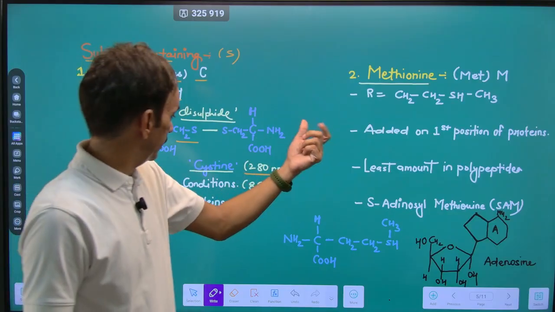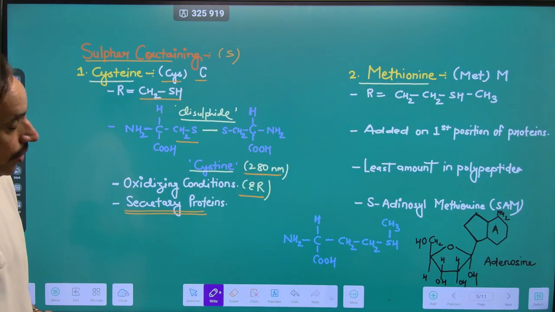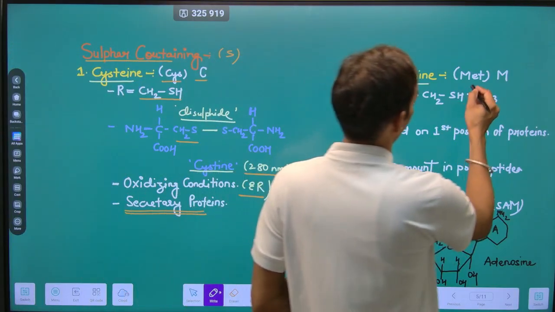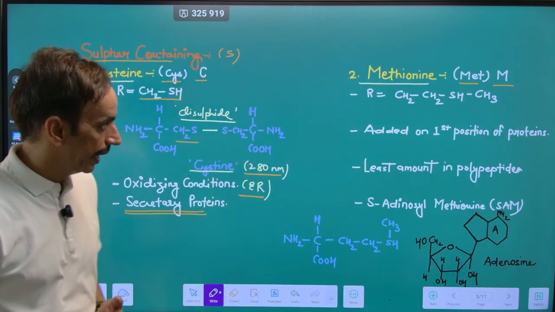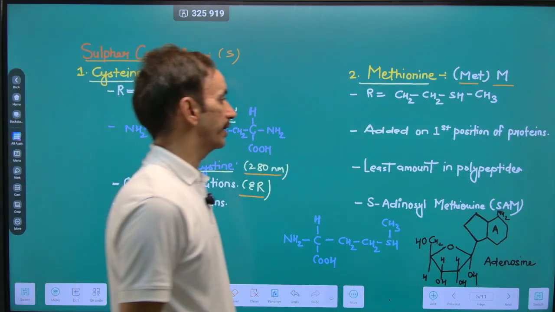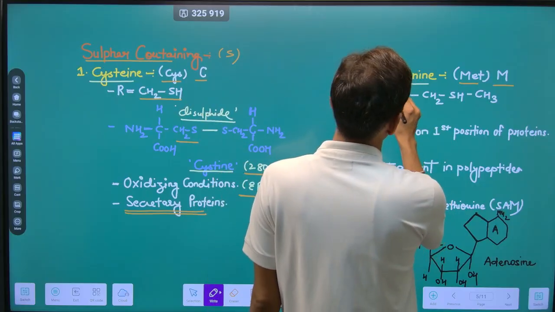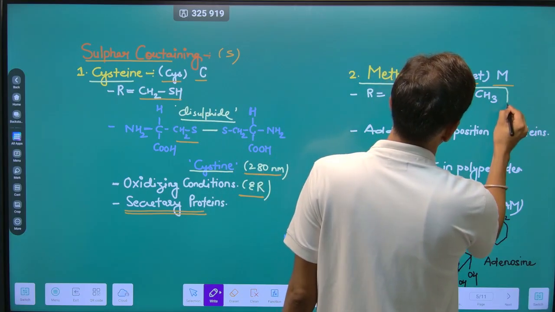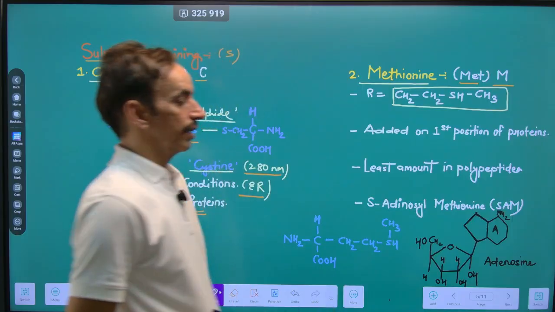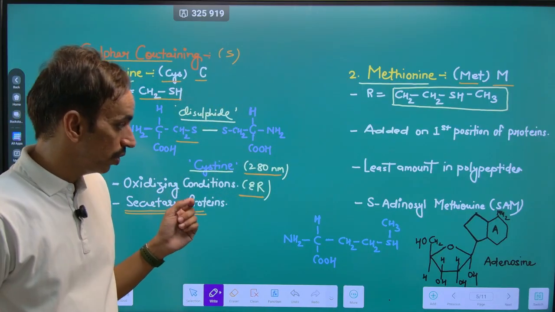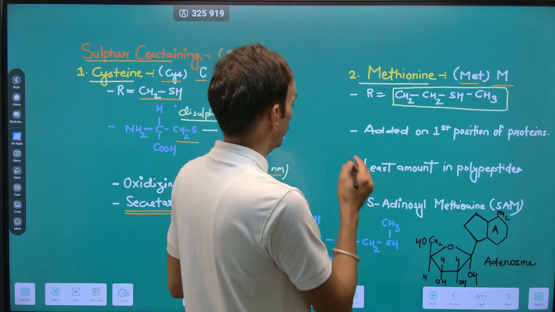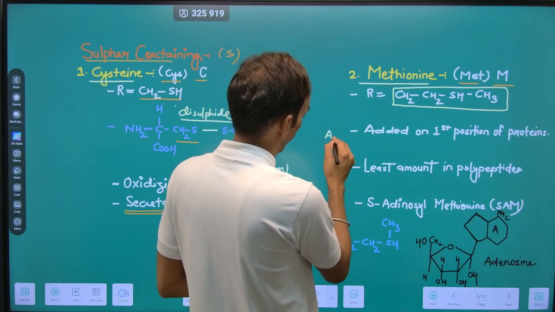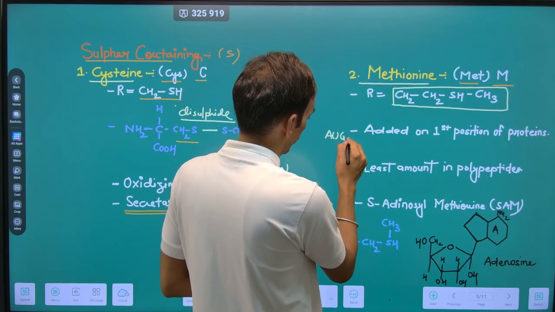नेक्स्ट अपन बात करते हैं मिथियोनिन के बारे में. Methionine, it is abbreviated as MET and denoted by the alphabet M. Here the side chain contains this structure. Methionine, as you all know, is added onto the first position of proteins, like the start codon.